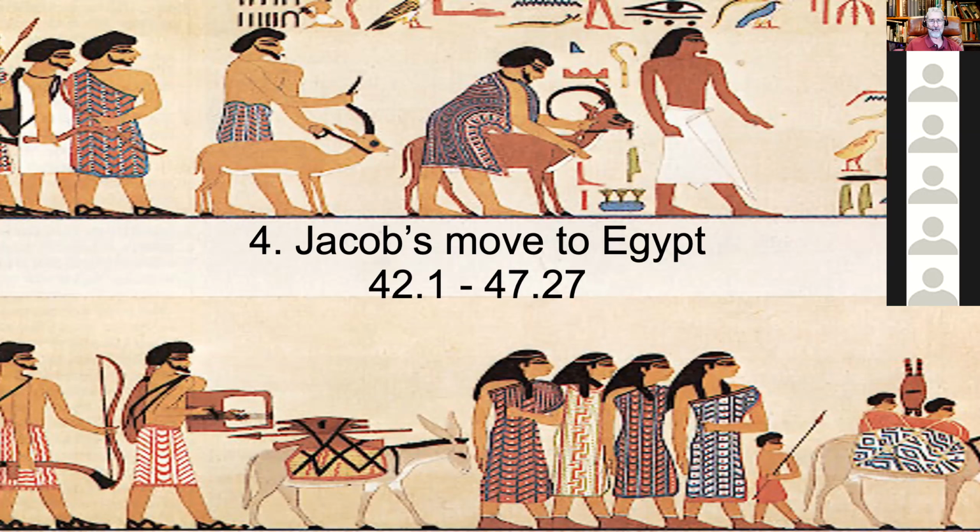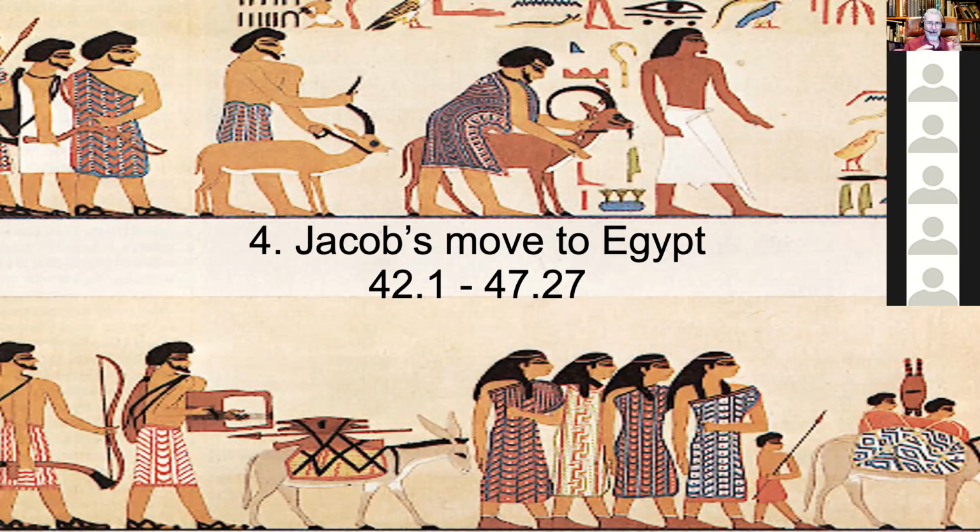And he plays with them, and he spends some time with them, then puts their money back in their bags and sends them on their way with grain. They go back to Jacob, who is amazed that the money is still there, and he realizes that this is a very bad thing. Joseph has kept one of the boys as a hostage.